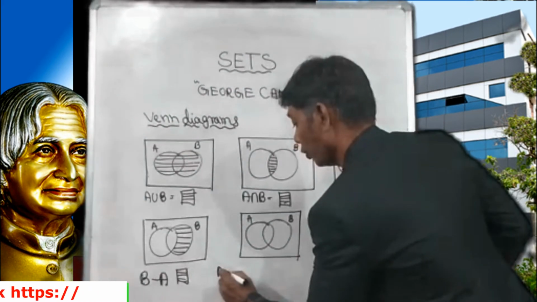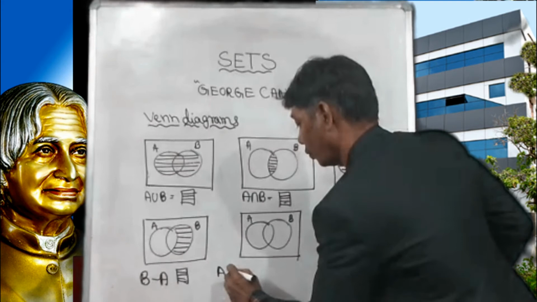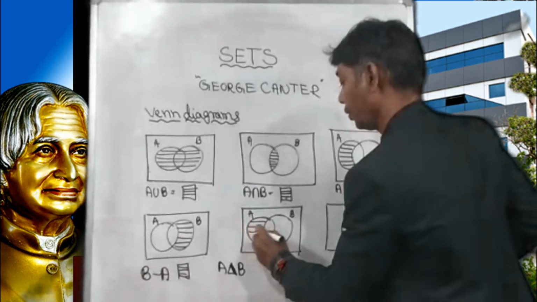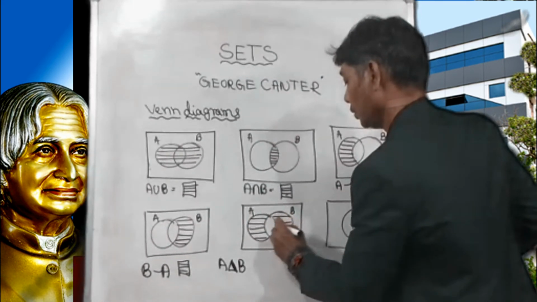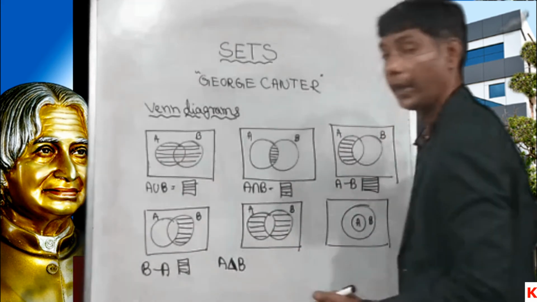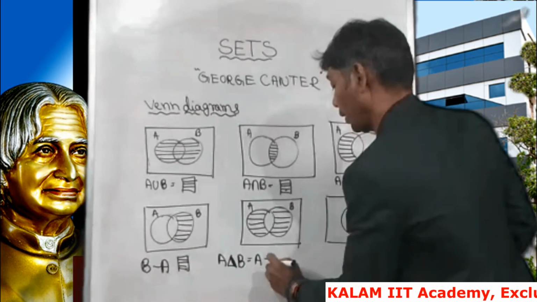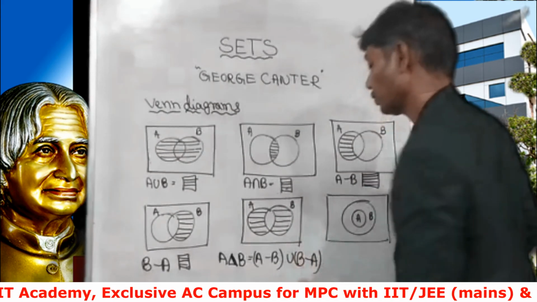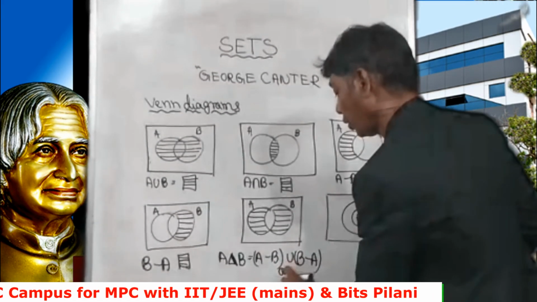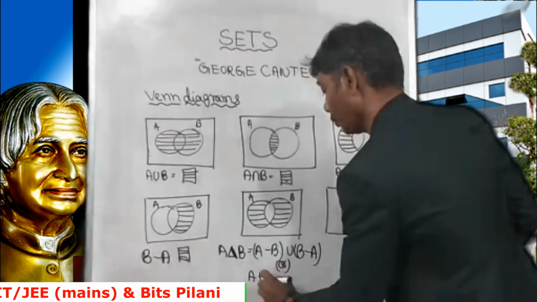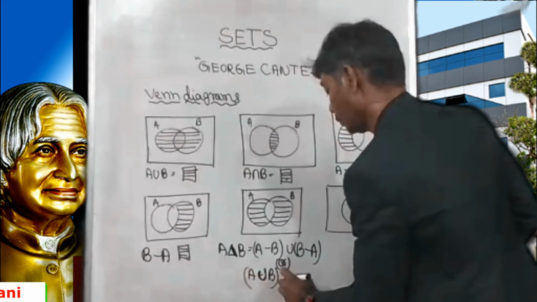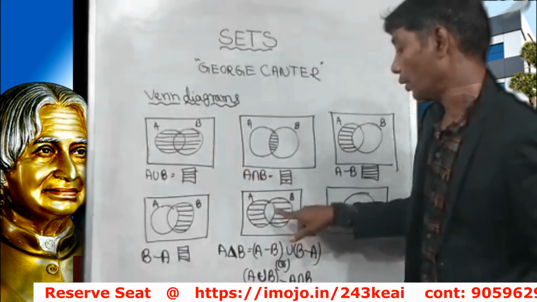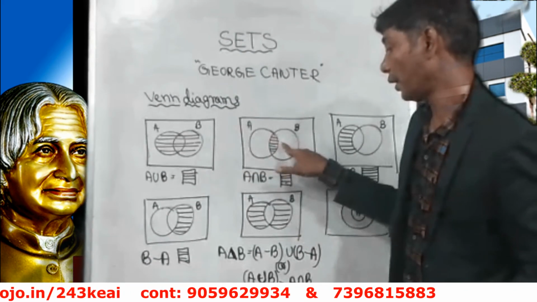Now, A delta B. This is called A delta B. A delta B means A minus B and B minus A. That means A minus B union B minus A. This is A delta B. Or this is also called A union B minus A intersection B. Totally, this is A union B, and you have to subtract A intersection B from it.